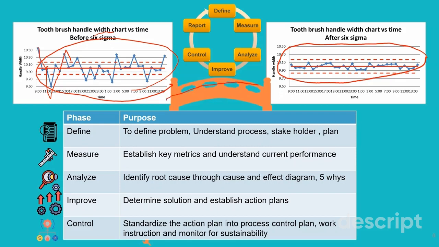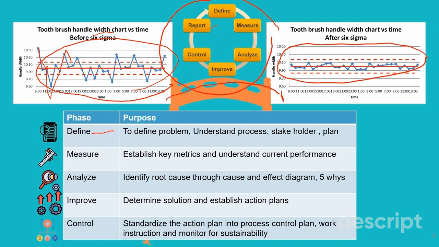In order to bridge this gap, we have to use a systematic approach, which is called Six Sigma, consisting of step-by-step phases of define, measure, analyze, improve, control, and also report.